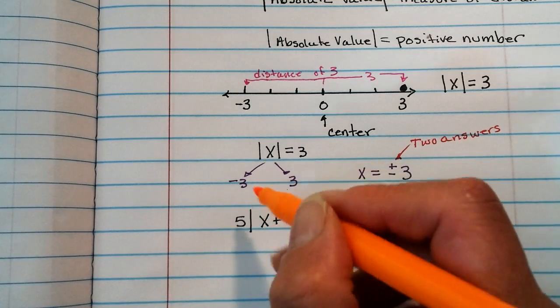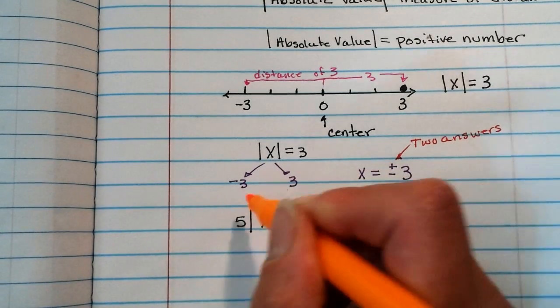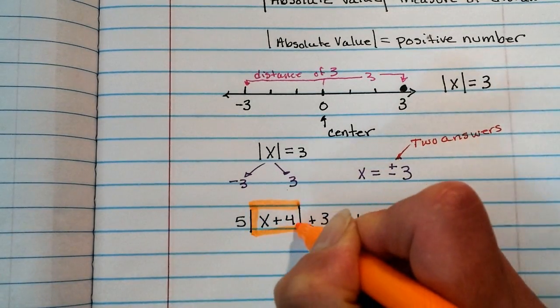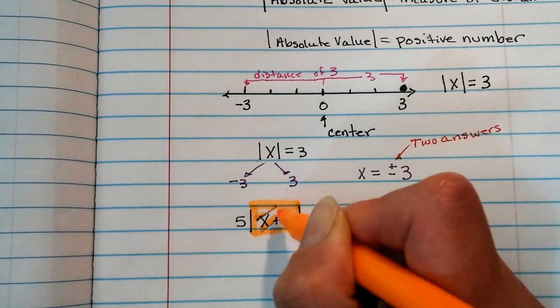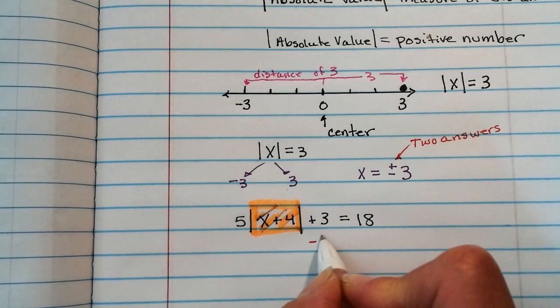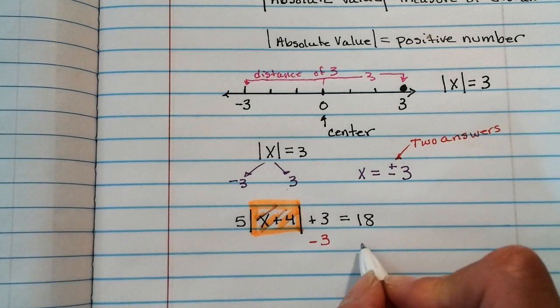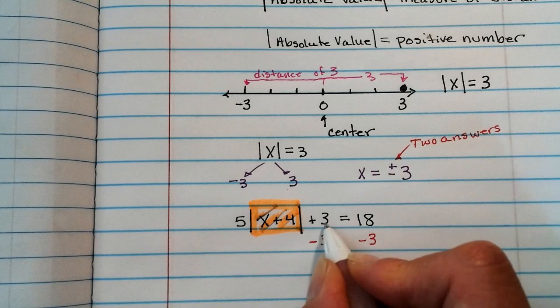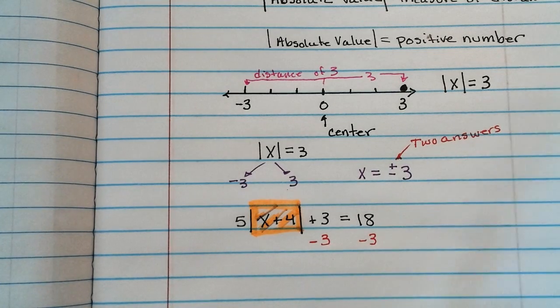I do not care what's inside of it right now. So my absolute value here, I want to get this by itself. So let's look at what's happening on the outside. I have something being multiplied to it and something being added to it. So I'm going to get rid of my plus 3, because that's the easiest thing to undo.